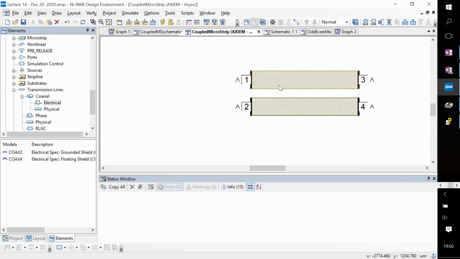The other application is actually to do a reflection measurement. And the way that works is that you send a signal on 2, that sends 1% of the power to 1. The 99% of the power that goes to 4 is actually lost. You just put a 50 ohm termination here.